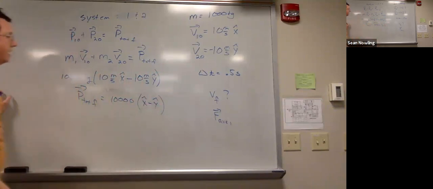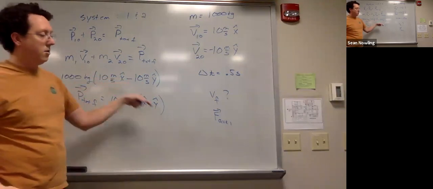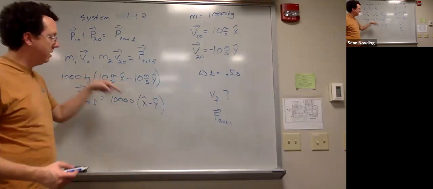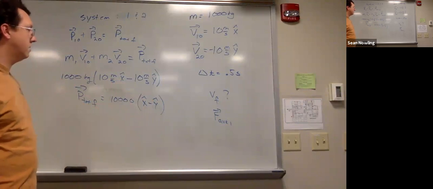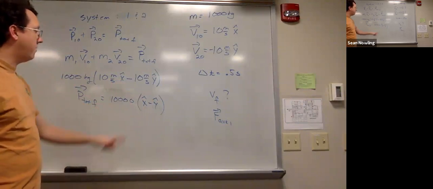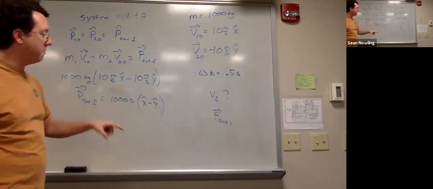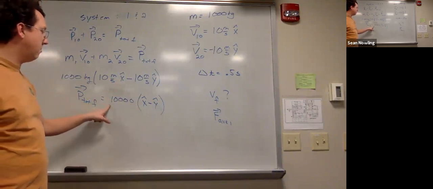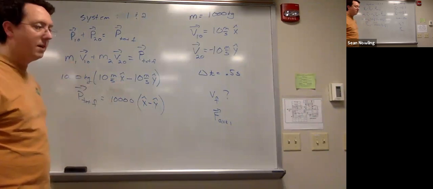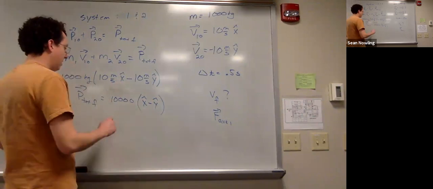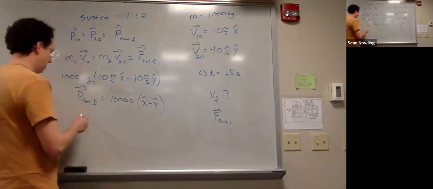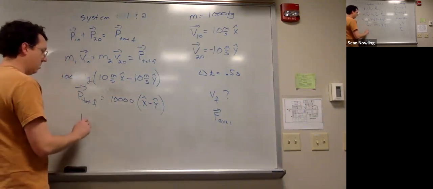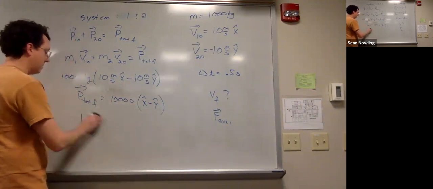Now, if you think about that, that vector lies along the 45-degree line into quadrant 4. If I work out the magnitude, it would be 14,000, something like that.